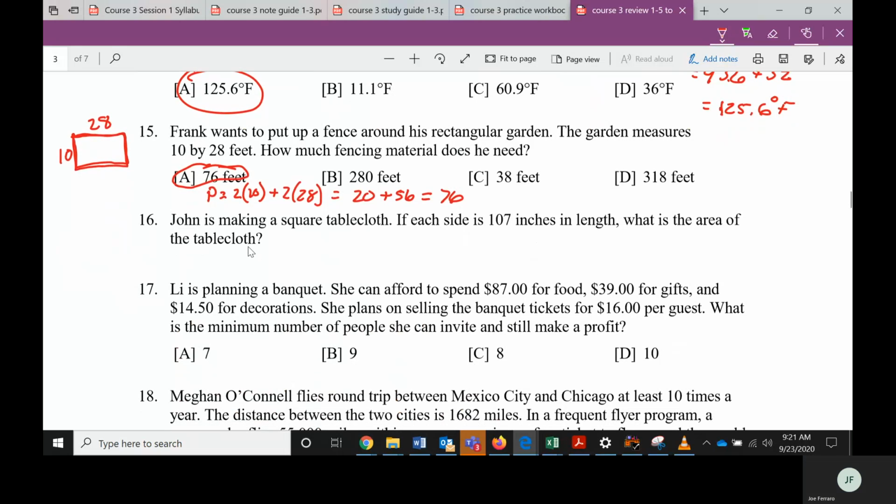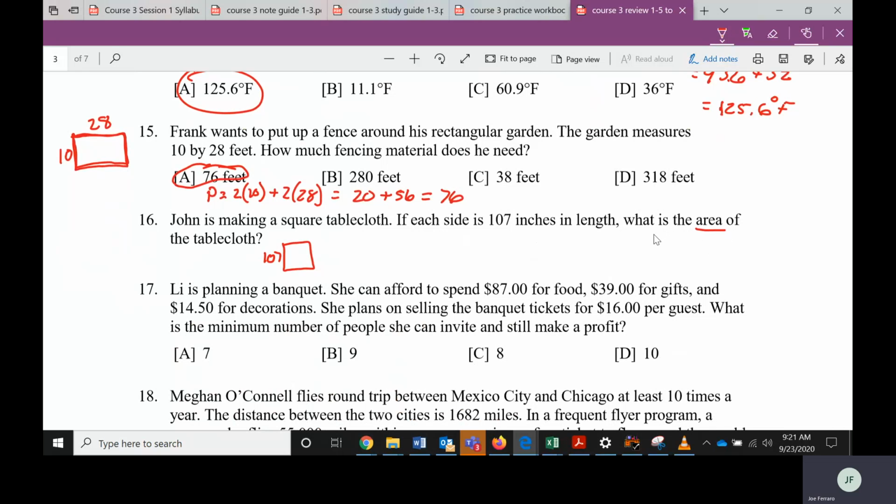Okay, 16 is just a little different. It says John is making a square tablecloth. Each side is 107 inches in length. What is the area of the tablecloth? So it's a square. Each side is 107. Now, they even tell you here that you're looking for area.